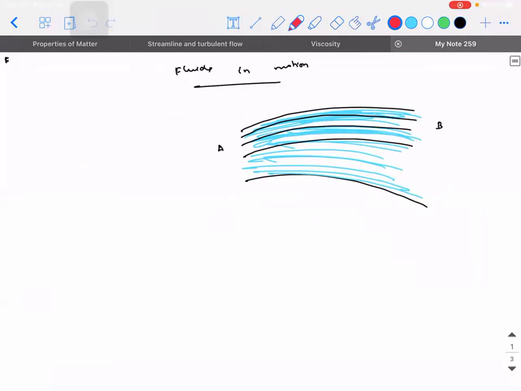It is when you take a particular cross-sectional area. If there are many particles reaching a particular point, if every particle reaches the same cross-sectional area at the same point with the same velocity, then that kind of motion is called streamline motion.